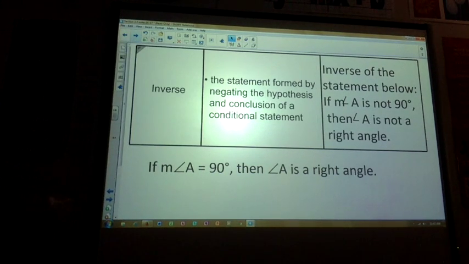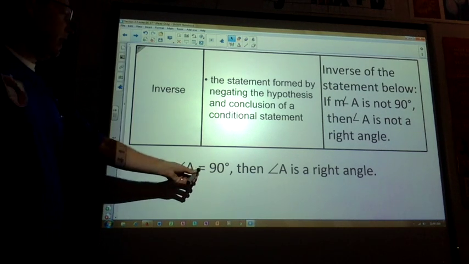The inverse: a statement formed by negating the hypothesis and conclusion of a conditional statement. So if today is not Friday, then tomorrow is not Saturday. I used the not in there. Inverse of the statement below: if measure of angle A is not 90, then angle A is not a right angle.